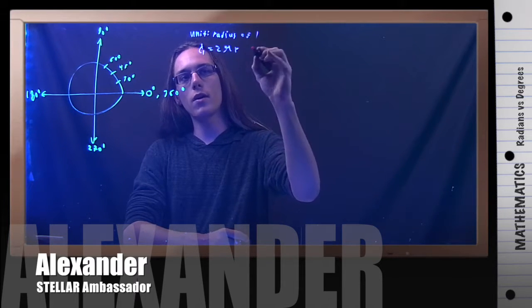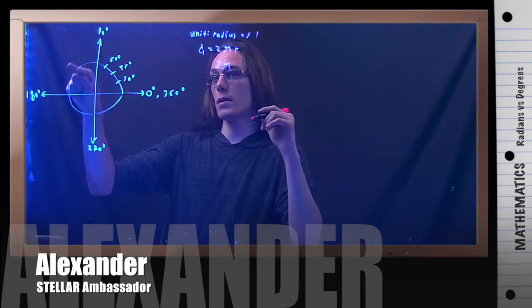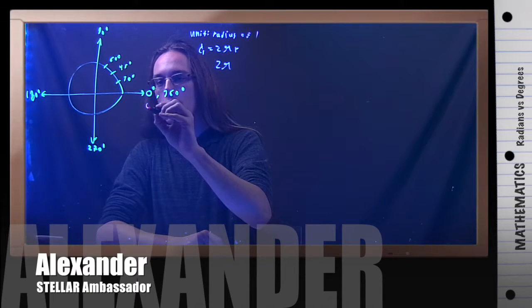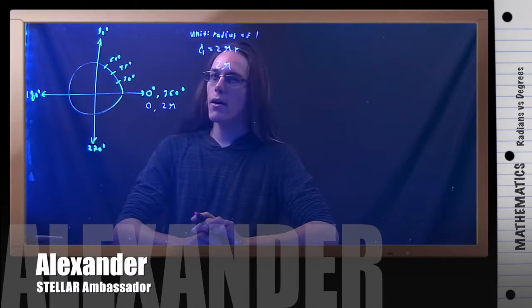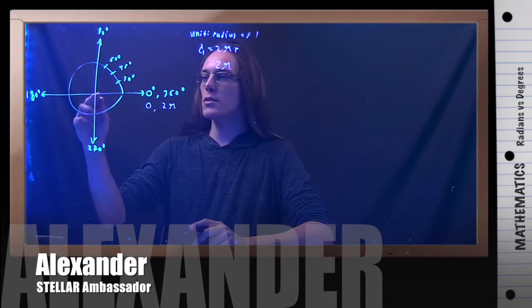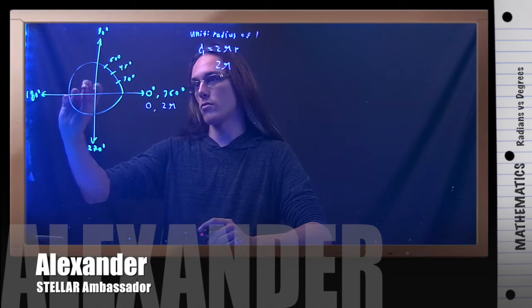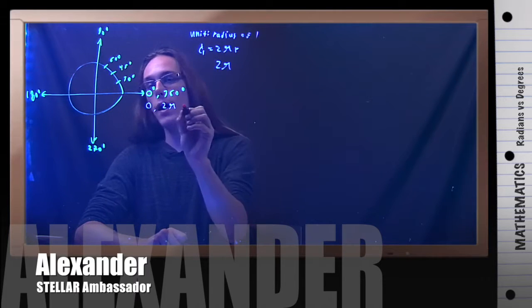Well, if my radius is 1, then I just get 2 pi for the total circumference. So I can view this as either being 0 length or 2 pi length. Now we're focused less on degrees of rotation and more on how long this line is so far.